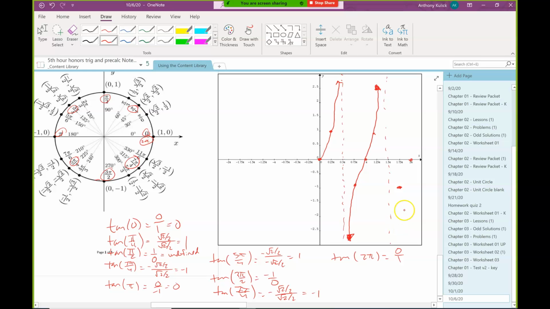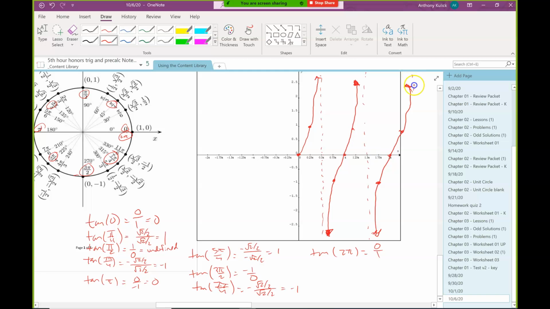And you can see now, hopefully, that if we did another one, we'd be up here, and we'd be getting another one of these with an asymptote out here, right? So basically, this thing represents one period.